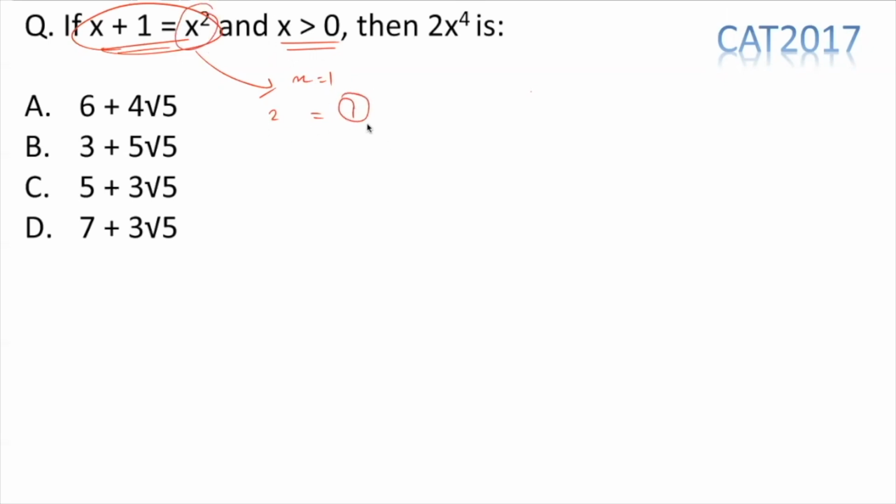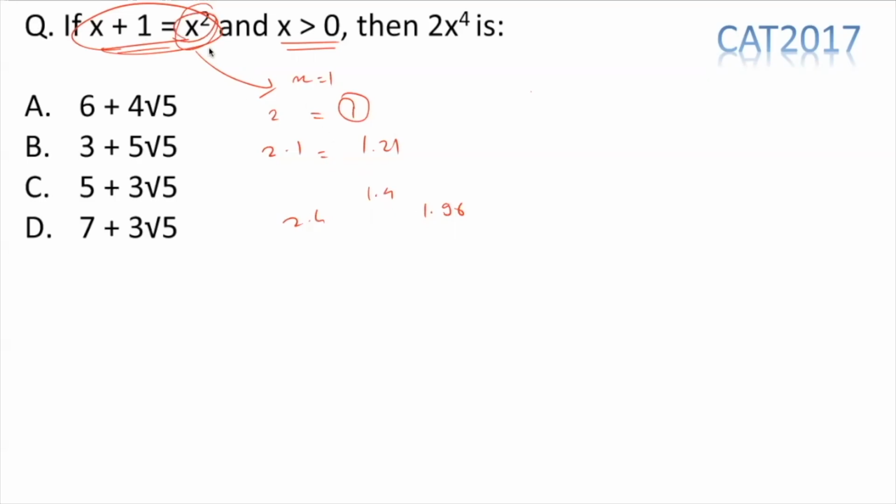So what if I take 1.1? 1.1 square is 1.21. On the left-hand side, I will have 1.1 plus 1, 2.1. That's still not equal, right? Now, by taking a few values, for example 1.4, 1.4 square is 1.96, 1.4 plus 1 is 2.4, still not equal. You can take 1.6.